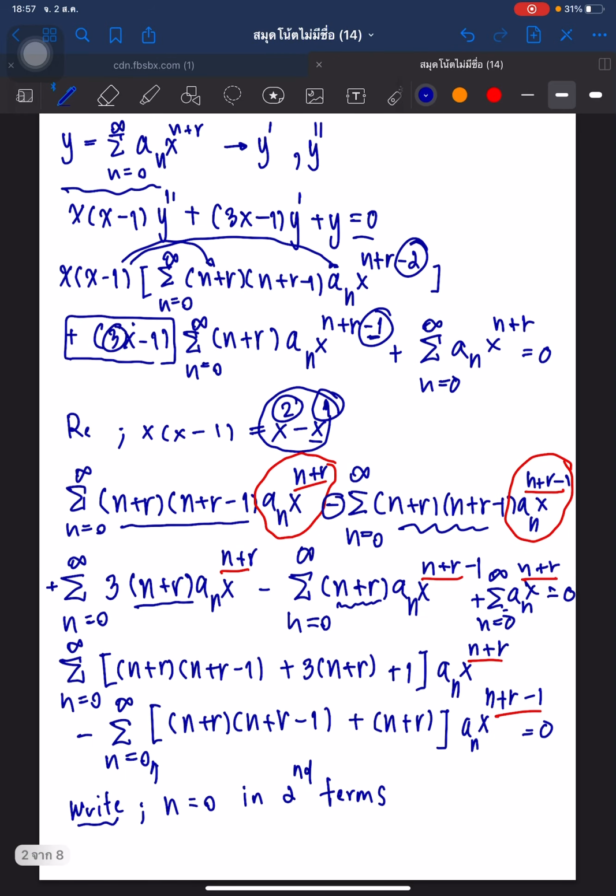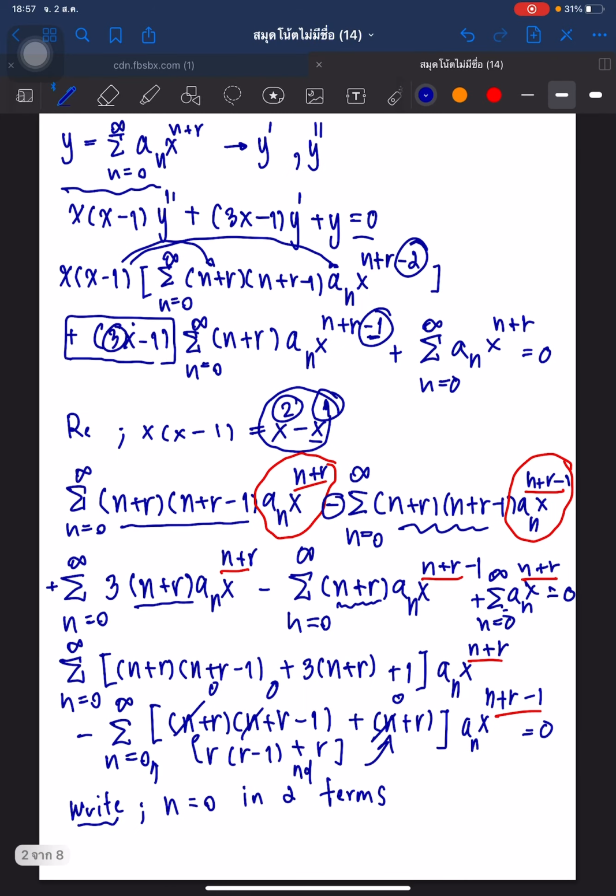After that, substituting n equals 0, this term is 0. We get r(r minus 1) plus r.